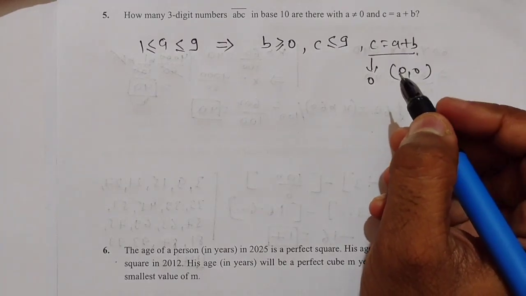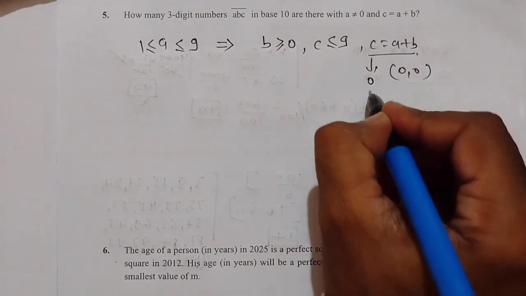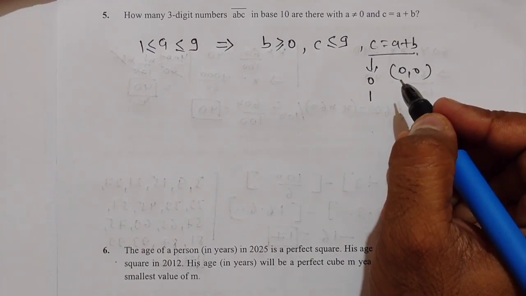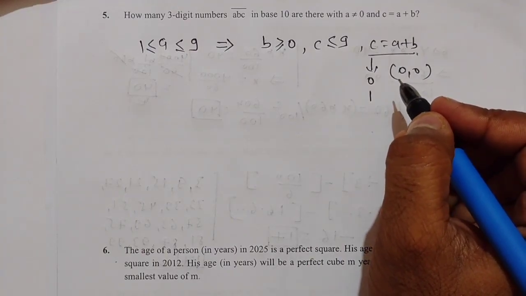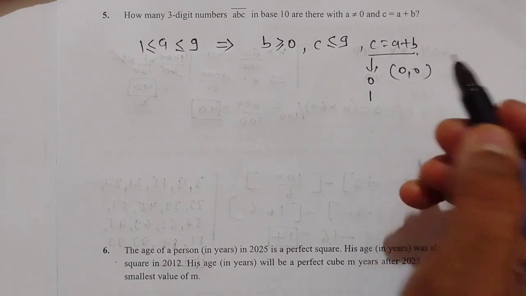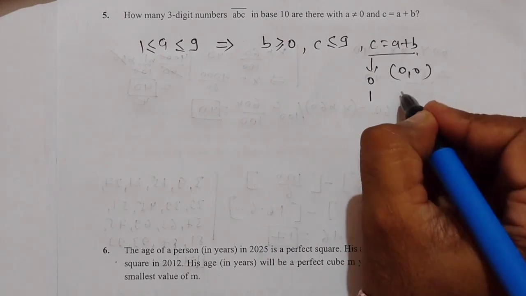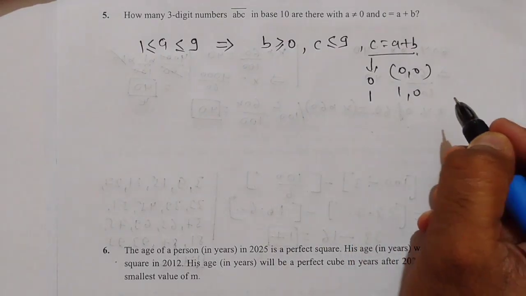Then if we use C equal to 1, then we have the value of A as 1 and B as 0.